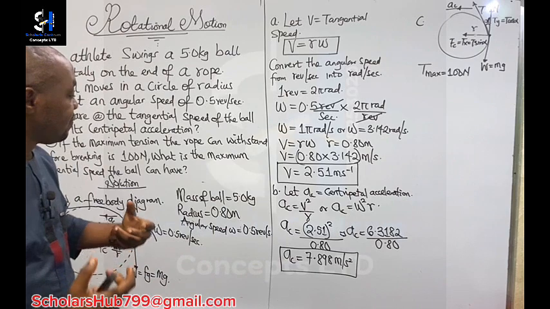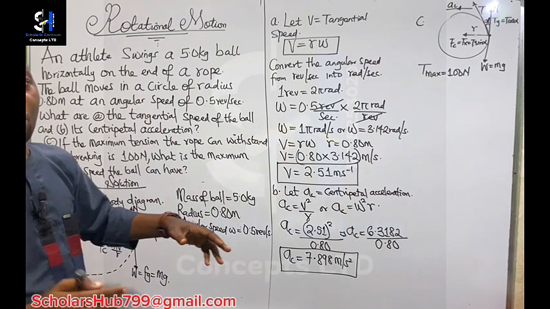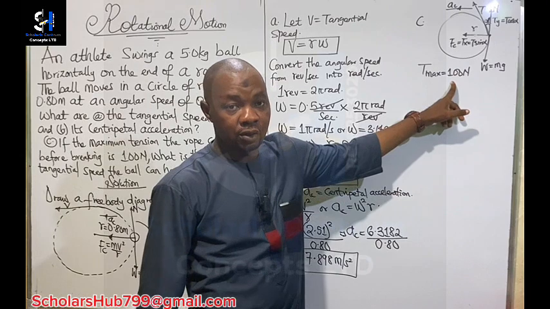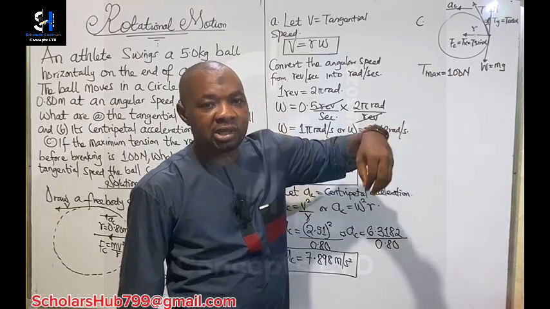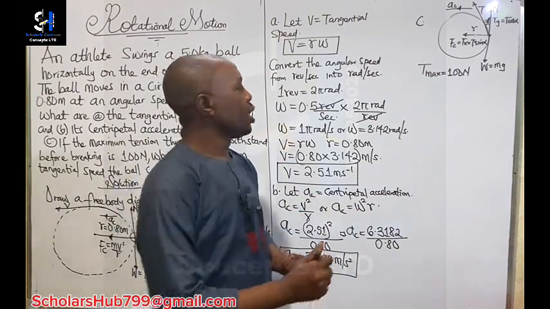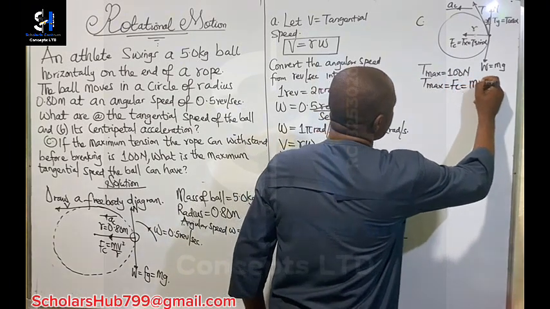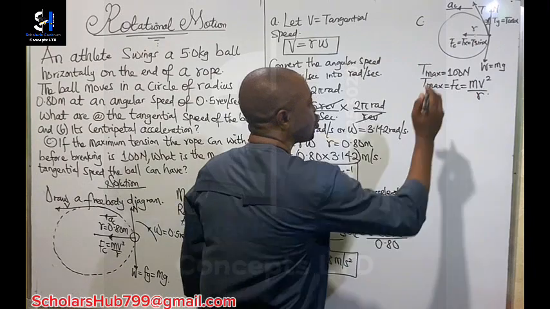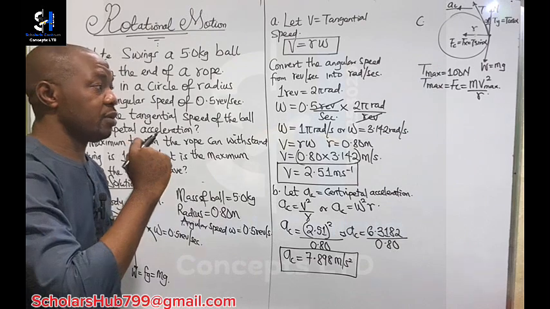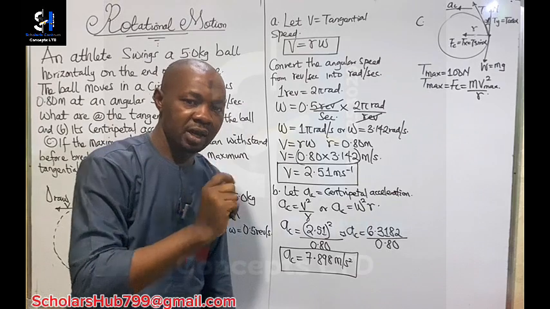The maximum velocity, known as the tangential speed the ball can have, occurs when the maximum tension is 100 Newton, because this maximum tension provides the centripetal force required to keep the ball moving in a circle. So Tmax equals Fc, which equals mv square over r. This becomes v max squared, because we are looking for the maximum tangential speed. Remember, we are not given an angle of inclination.